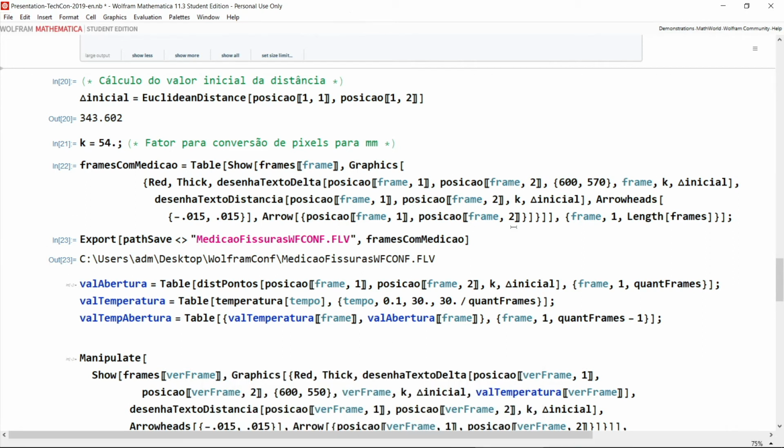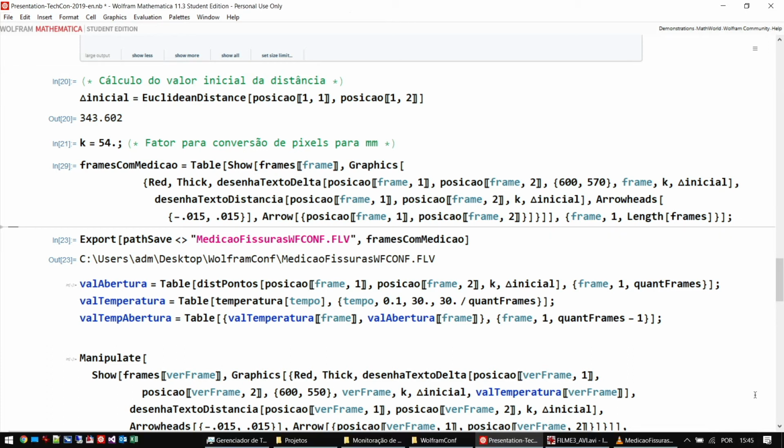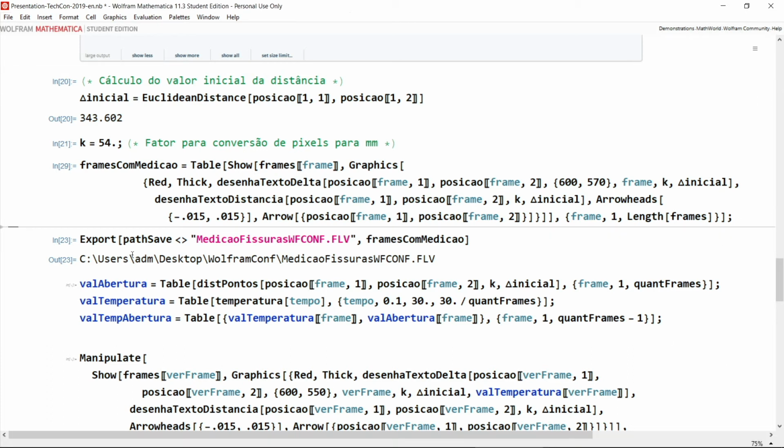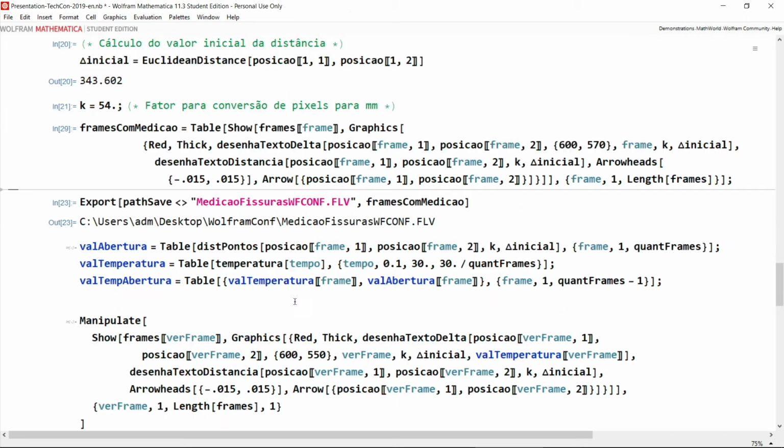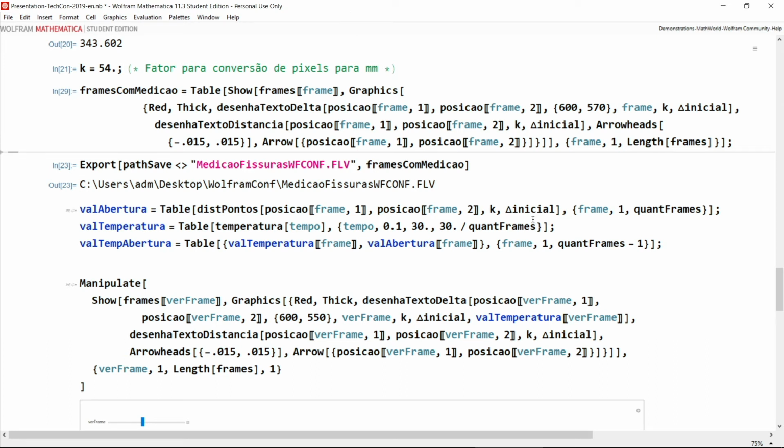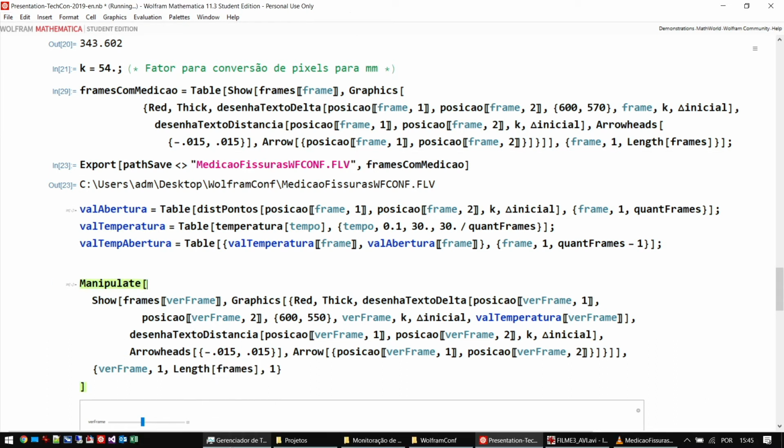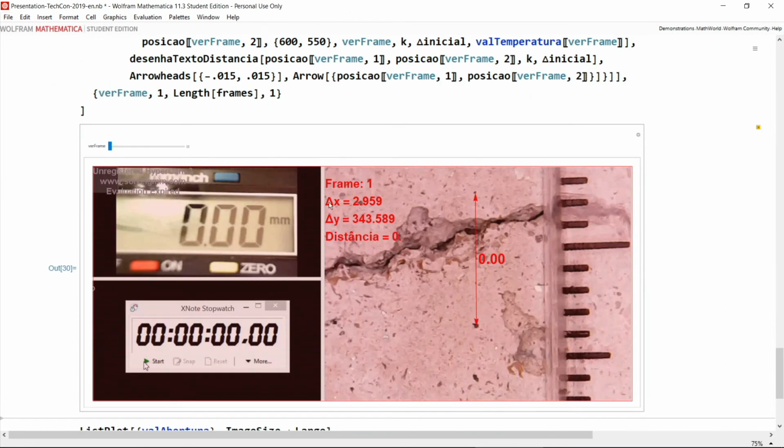It's very fast. Then we can export the video, and then we can show the result of this.